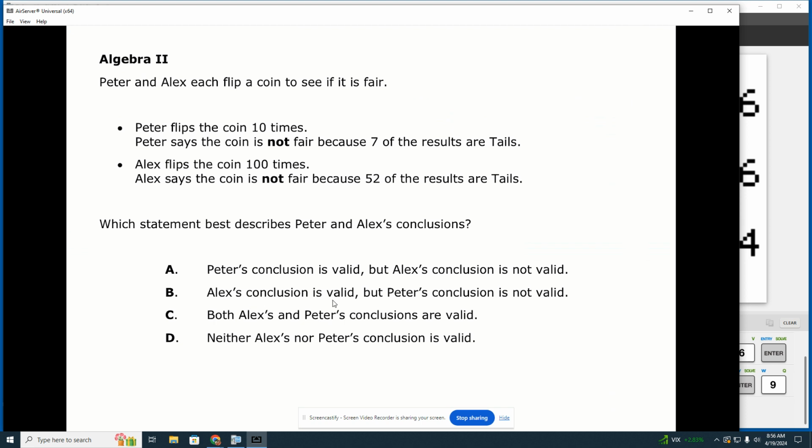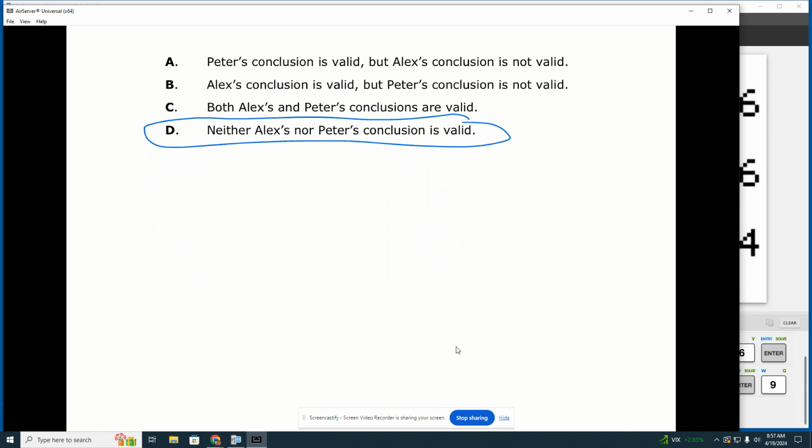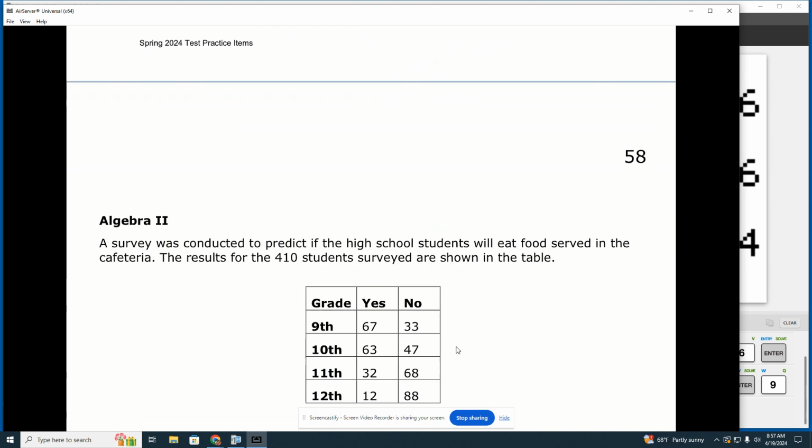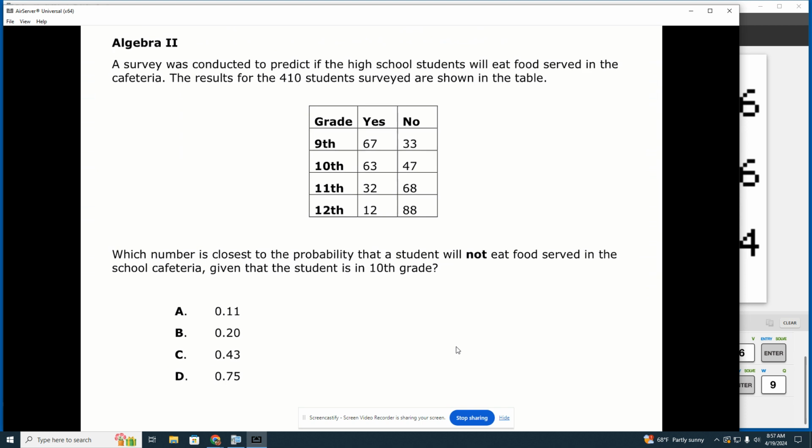B says Alex is valid, but Peter's is not valid. No, neither are valid. So both Alex and Peter's conclusions are valid? No, neither are valid. You're flipping a coin. What you get is what you get. Okay, that's the whole difference between theoretical probability and experimental probability. When you do experimental probability, you get what you get. So neither are valid.